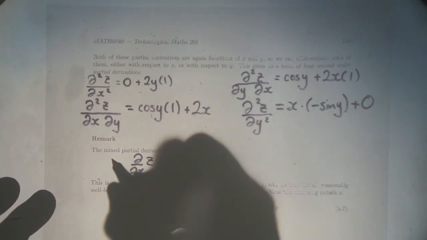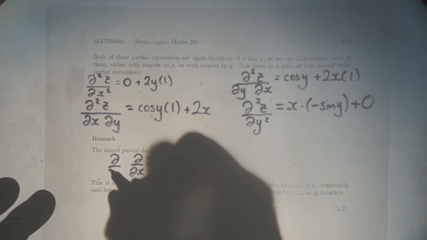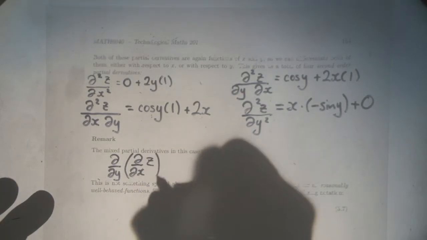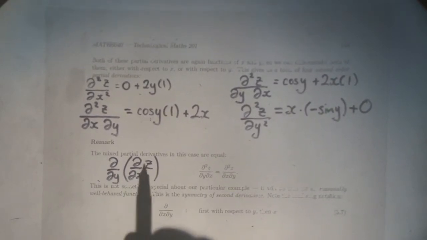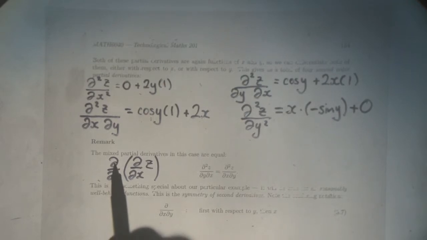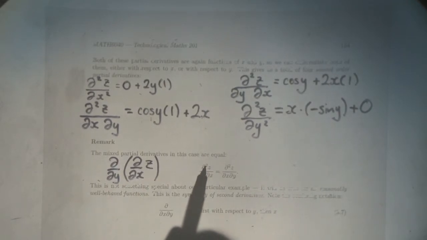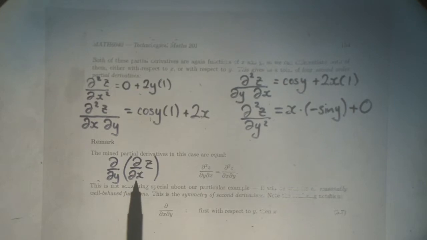And if I want to differentiate this with respect to y, I write that. Where this notation makes sense is you kind of multiply them together. Now it doesn't make sense, but that's what the notation means. Partial by partial, partial squared, differentiate twice, and you see you have the x here and then the y.